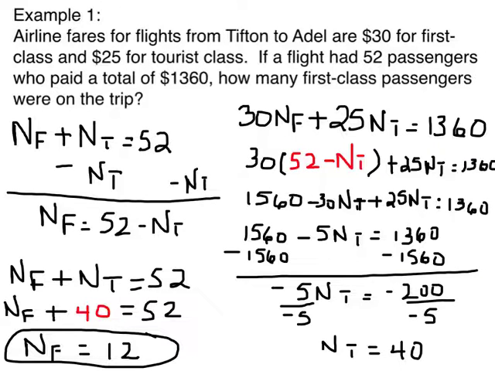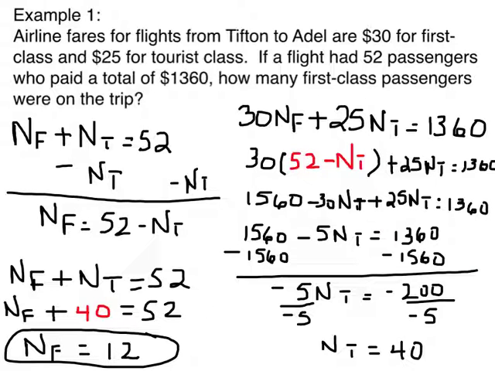Let's look at this first example. Airline fares for flights from Tifton to Adele are $30 for first class and $25 for tourist class. If a flight had 52 passengers who paid a total of $1,360, how many first class passengers were on the trip?